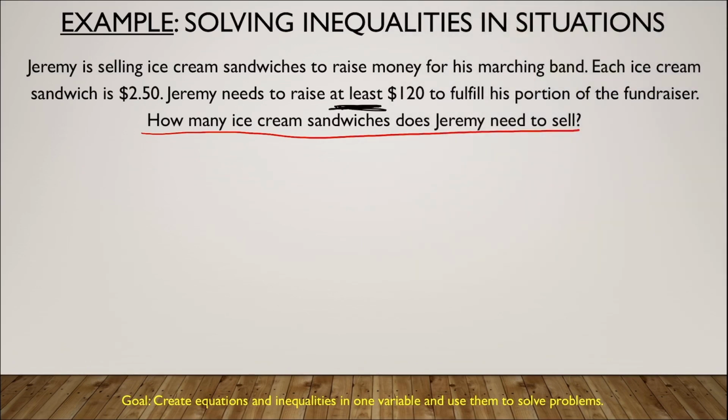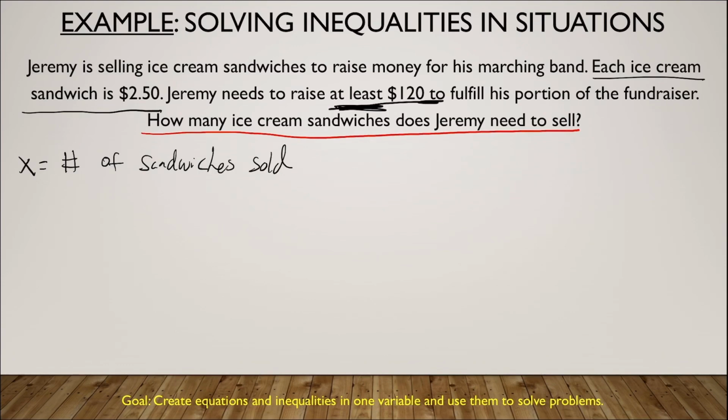How many ice cream sandwiches does he sell? We know he needs at least $120, and we know that each ice cream sandwich is $2.50. So what we're going to do is first say x equals the number of sandwiches sold.